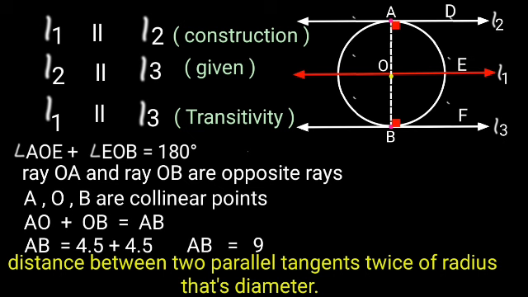If L1 and L3 are parallel and segment OB is the radius, hence angle AOE plus angle EOB is equal to 180 because angles between parallel lines are in linear pair. Hence, ray OA and ray OB are opposite rays.